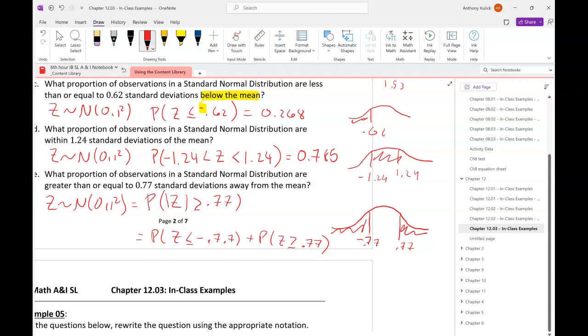You guys buy that? So it's the stuff less than negative 0.77 plus the stuff greater than 0.77. And that's how we're going to get into our calculator, right?